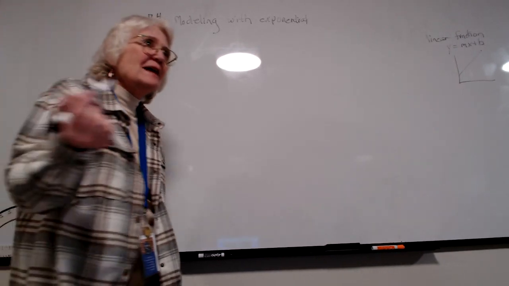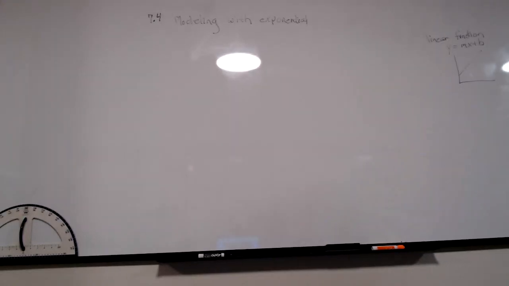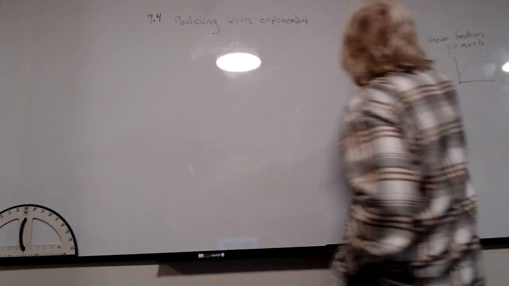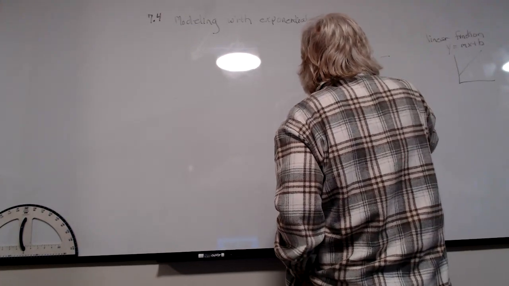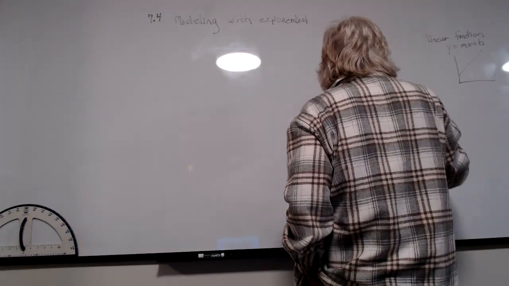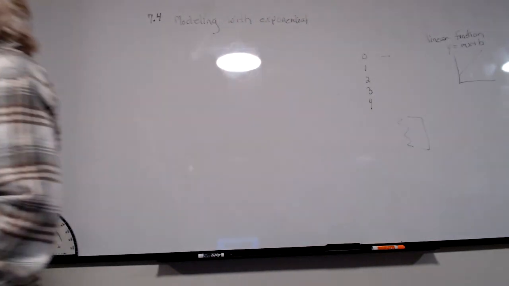An example is they reintroduced the wolf into Yellowstone National Park. They were not expecting it to grow as fast as it did. The population grew really fast. So now they're looking at the data from when they introduced it, how many they put in, and how many they have now, and they make predictions on how many they will have in the future based on that model.